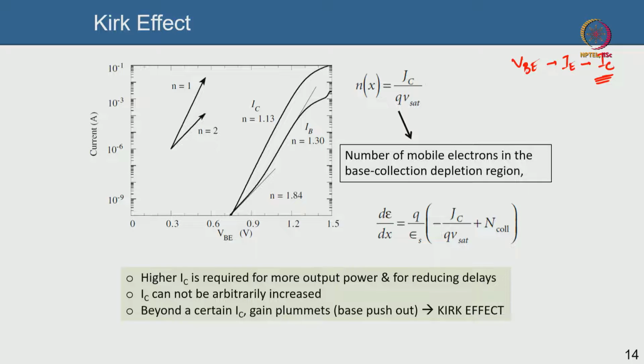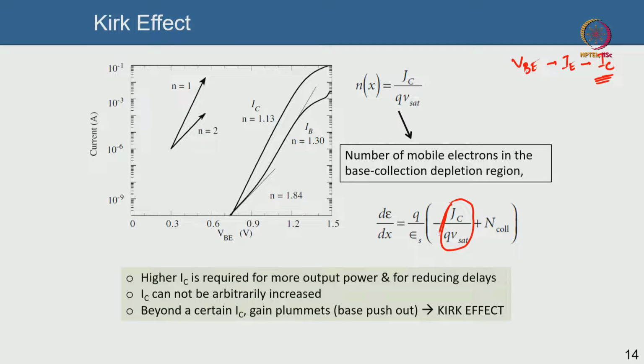If the collector current is increased as much as I want, then this quantity will become larger and larger, which means there will be more mobile carriers. Given that the saturation velocity has been reached, which means the electrons cannot travel any faster, a higher current density means a higher mobile carrier concentration flowing across this depletion region.